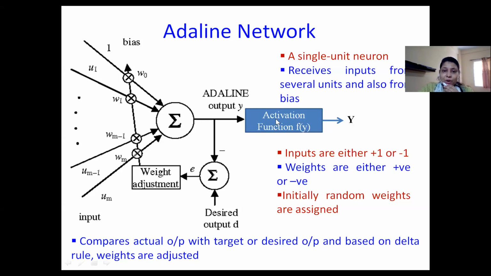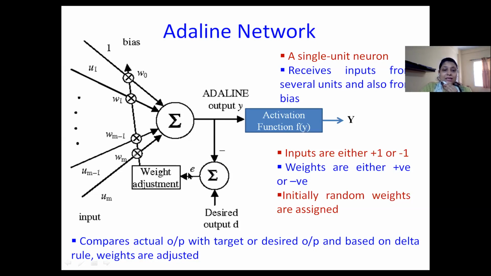But whenever you apply this Adaline output to your activation function, which is the function for the given problem, that means you have designed some kind of activation function for your given problem, you are going to apply this Adaline output to that particular function. Now whenever you have a certain output for a certain input vector, this particular output is again getting into the comparator.